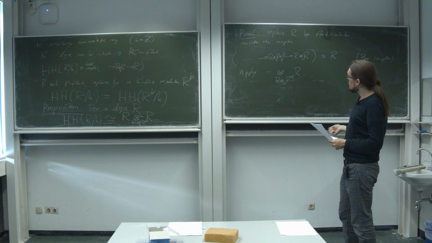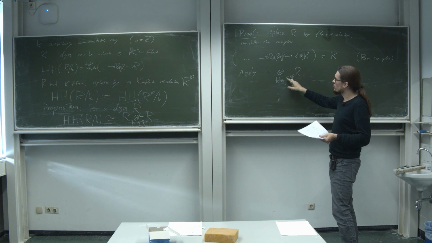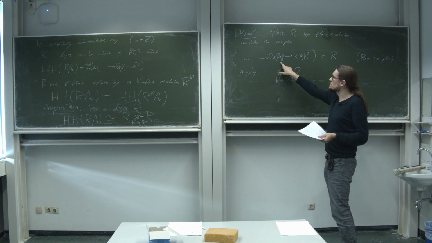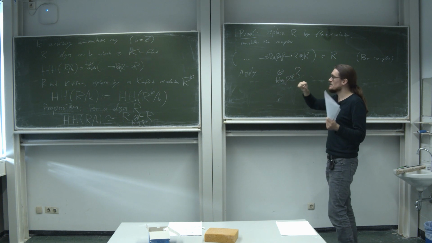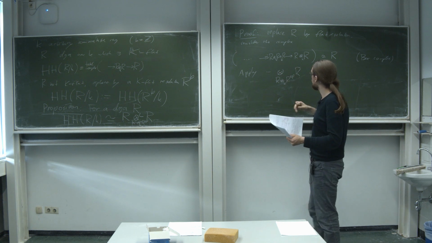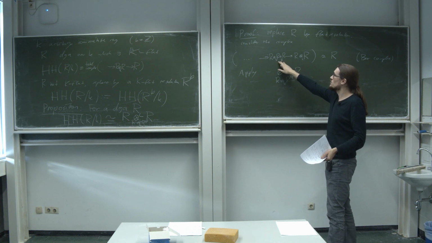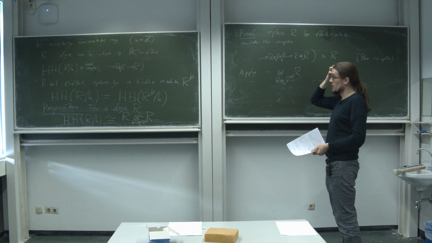But it turns out, as bimodules, or equivalently as R tensor R op modules, all these terms are also base changed from flat K modules. For example, this one is just base changed from the K module K. This one is base changed from the K module R, and so on.